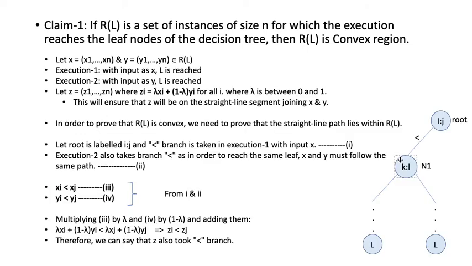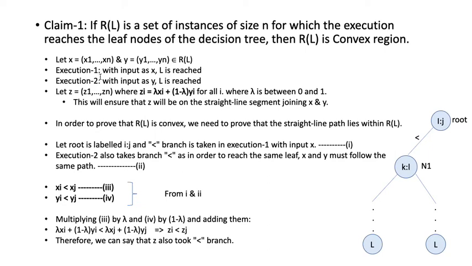Now let's come back to the proof again, finally. Let's assume that there are 2 points, x with n elements, and y with the same size, and they both belong to R of L, which means that for execution with x as input, leaf node L is going to be reached.